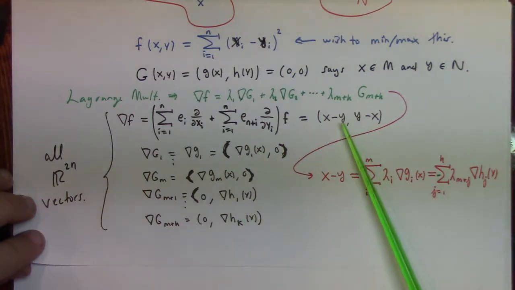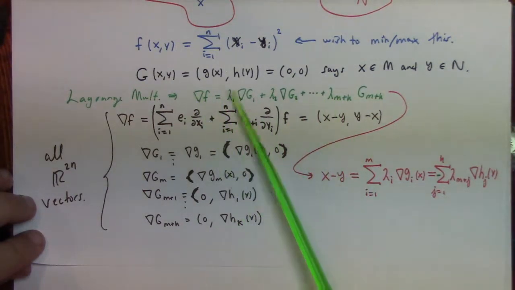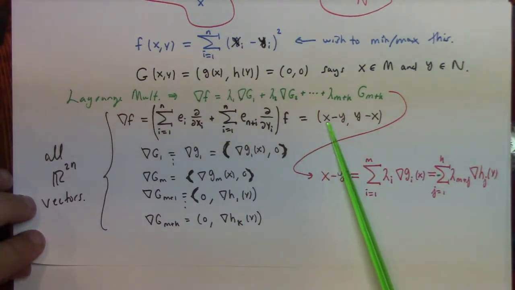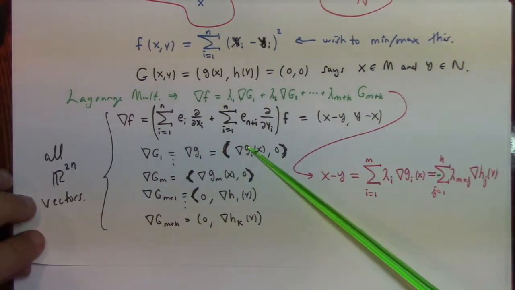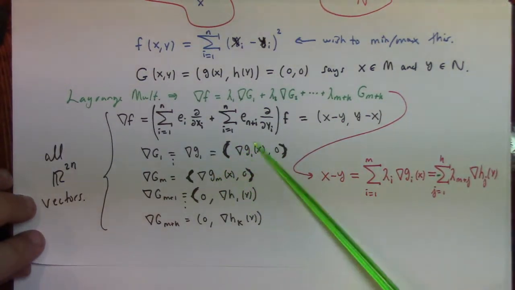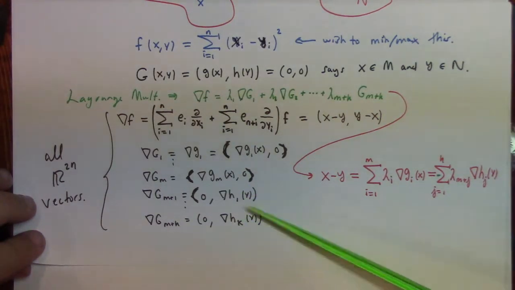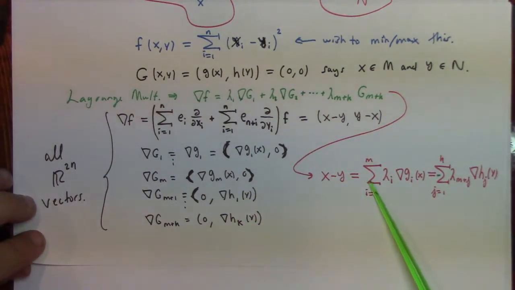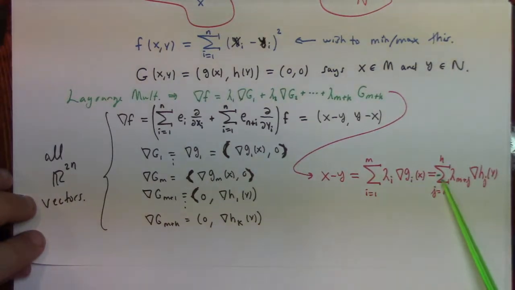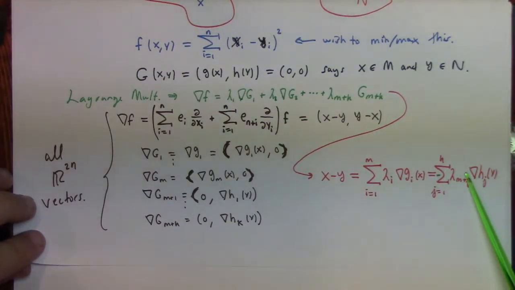And so, this being equal means that x minus y is equal to the sum of the gradients of the g's, and y minus x is equal to the sum of the gradients of the h's. So x minus y is equal to the sum of the gradients of the g's, but it's also equal to minus the sum of the gradients of the h's, with the appropriate Lagrange multipliers. But what does this say?